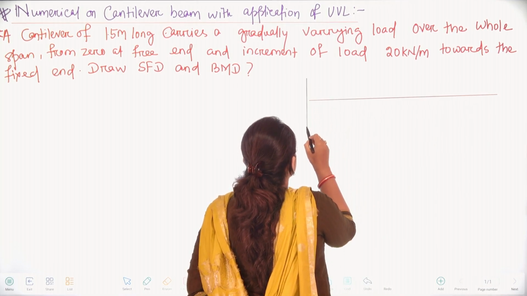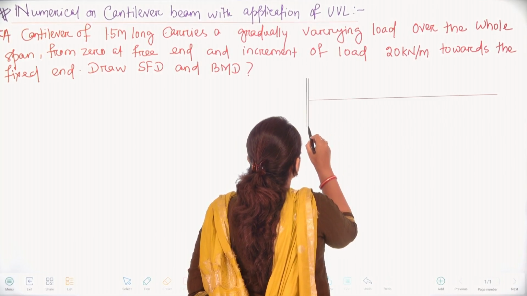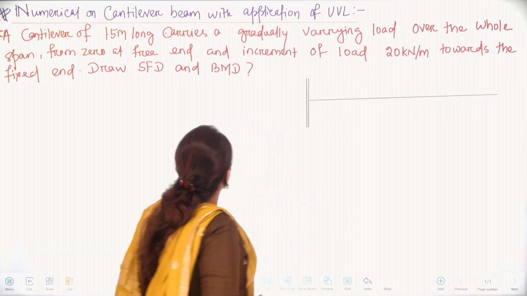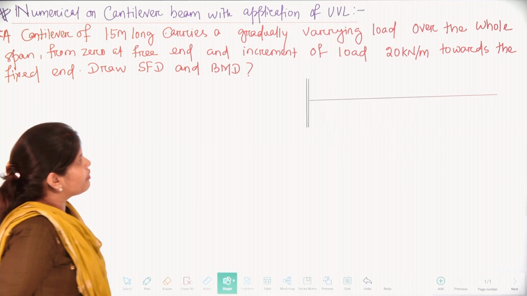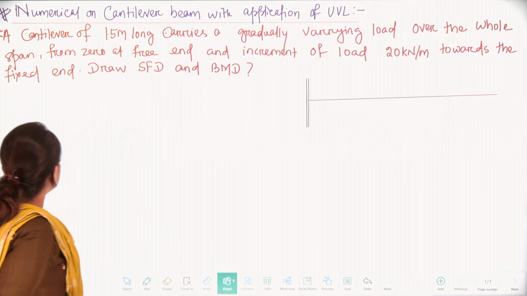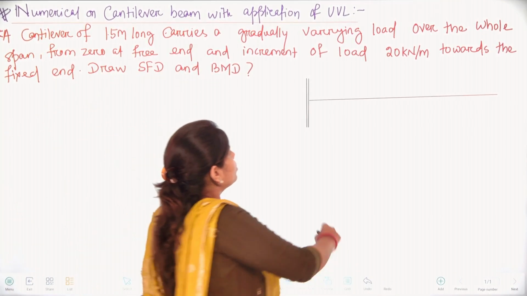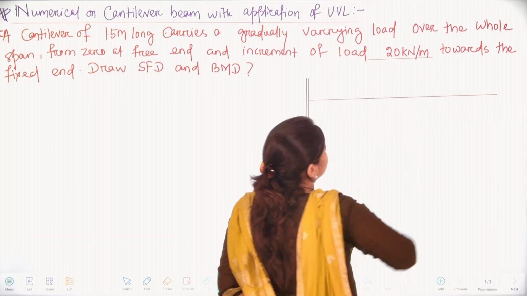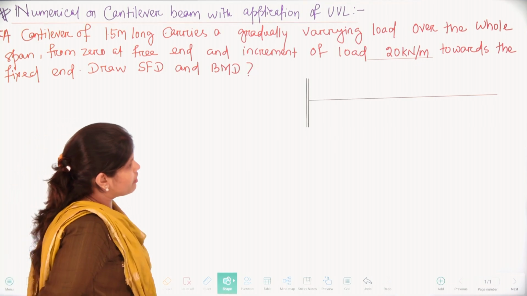First let's draw the cantilever beam that has a length of 1.5 meter and carries a gradually varying load over the whole span, from 0 at the free end, with an increment of load up to 20 kilonewton per meter. So what is given here?